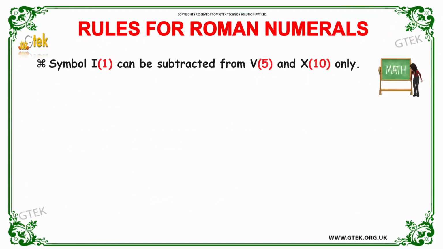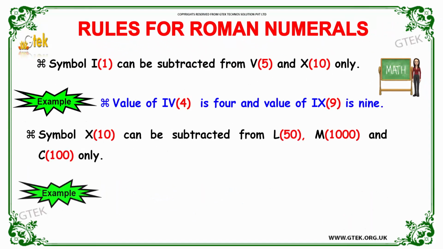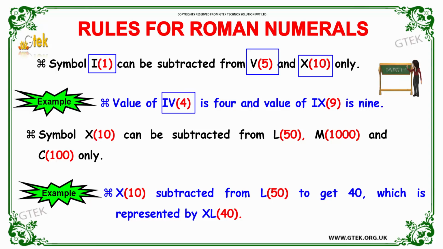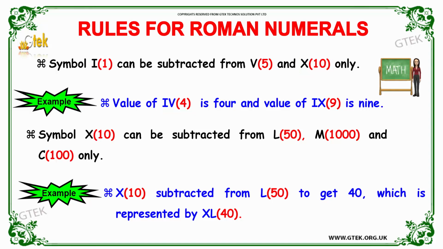The next rule for Roman numerals is that the symbol I can be subtracted from V and X only. The value of IV is 4 and the value of IX is 9.